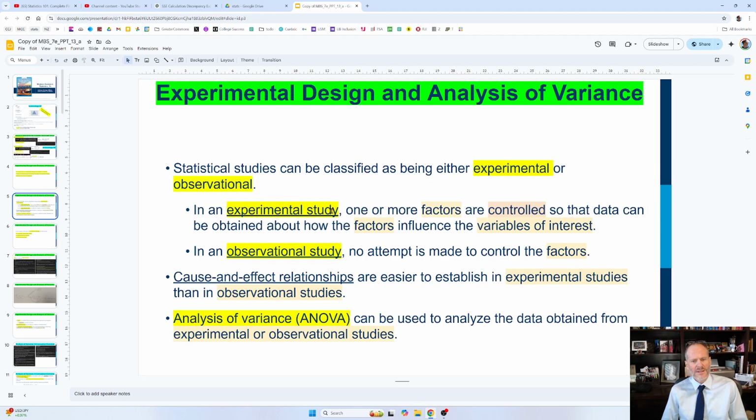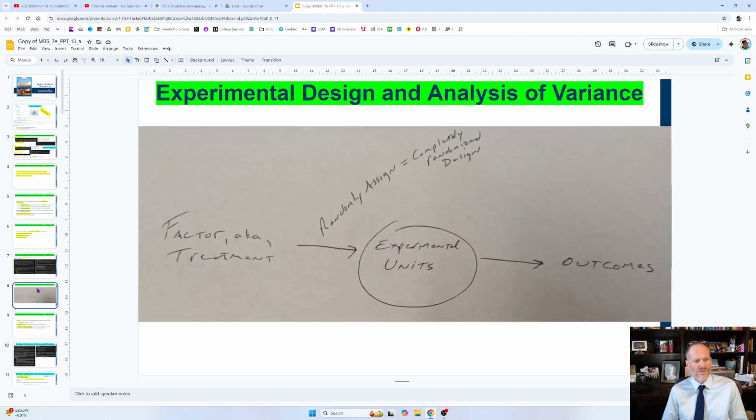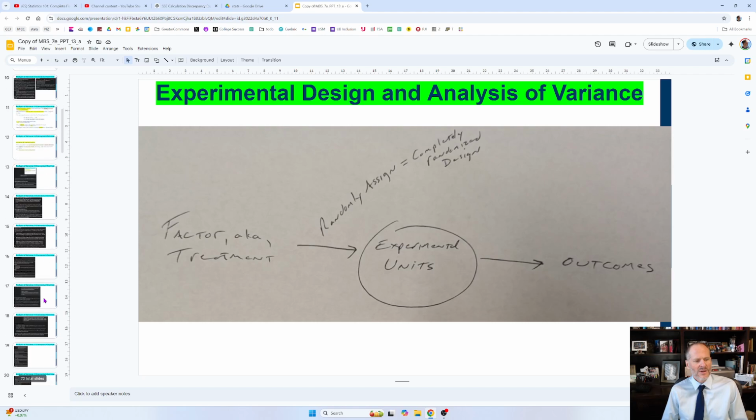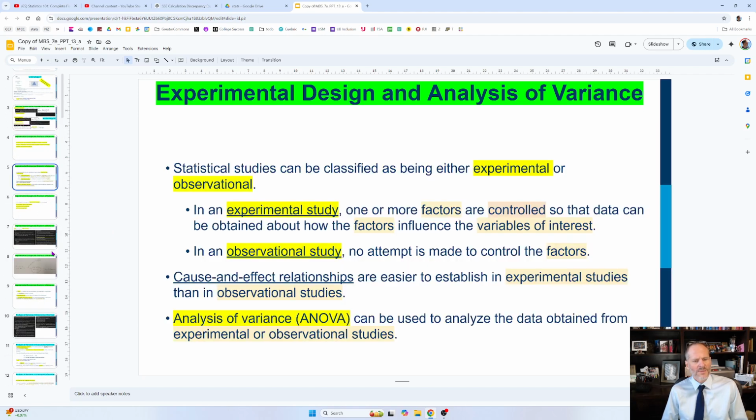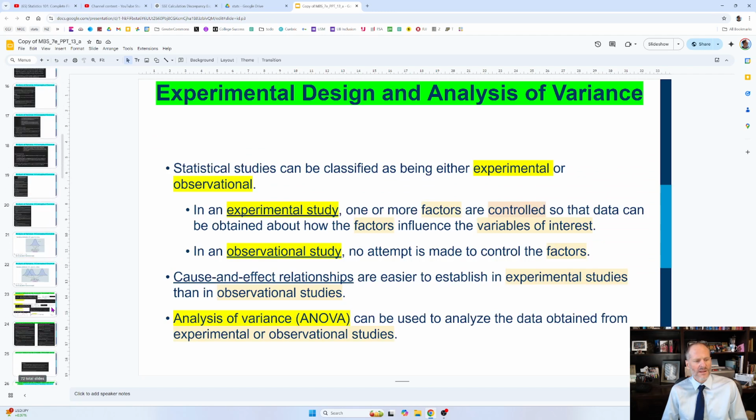And in an experimental study, one or more factors are controlled so that data can be obtained about how the factors influence the variables of interest, right? So one or more factors are controlled. We're controlling the factor, which diets we're looking at, and how that influences our variable of interest, our outcome. And so the first problem we did was an experimental study where we're controlling factors.